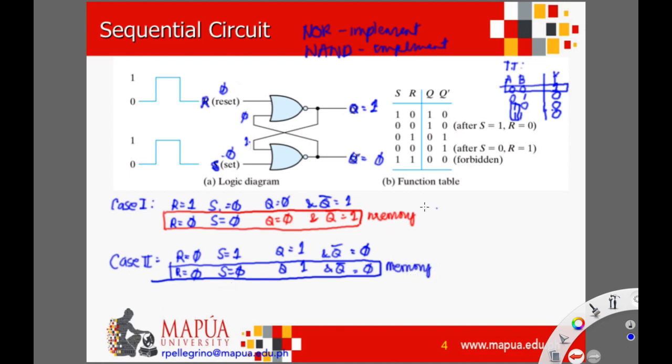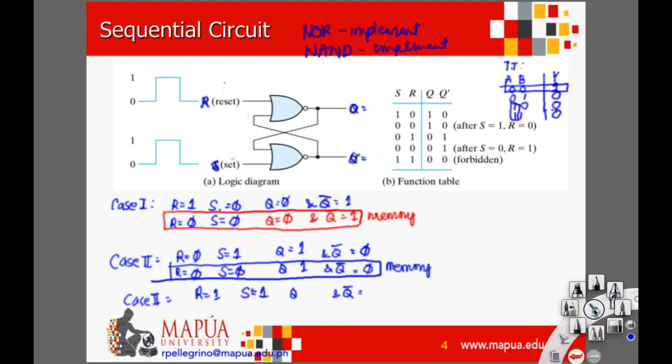Now for case 3, the third case, if R is equal to 1 and S is equal to 1, what will be the value of our Q and Q bar? This is a little bit confusing because this particular input gives you a false value. Say we have 1 and 1.